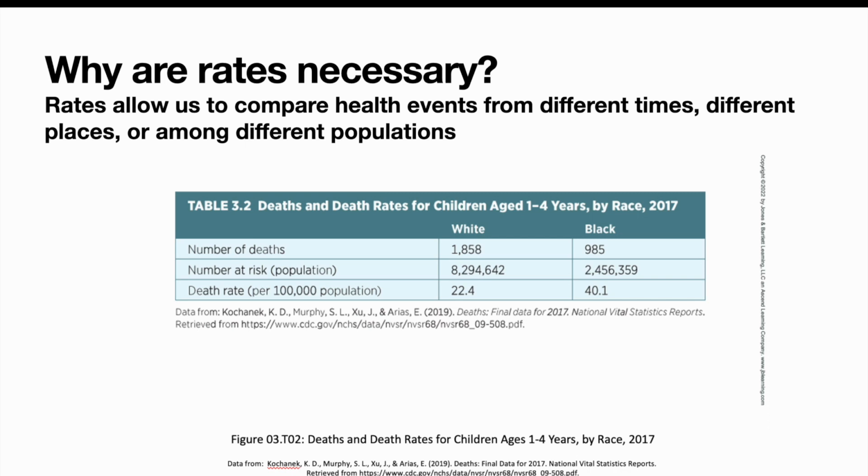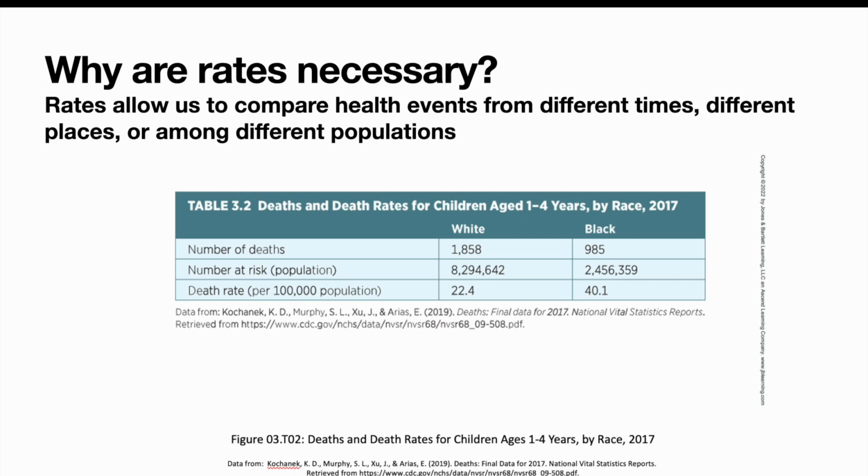We don't get an accurate picture of how things are really unfolding. So when we look at a rate, let's just look down at the death rate per 100,000 population. This tells us how many children aged 1 to 4 years died in 2017 out of 100,000 people.